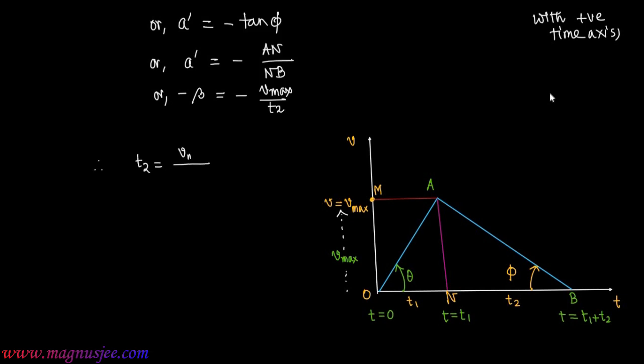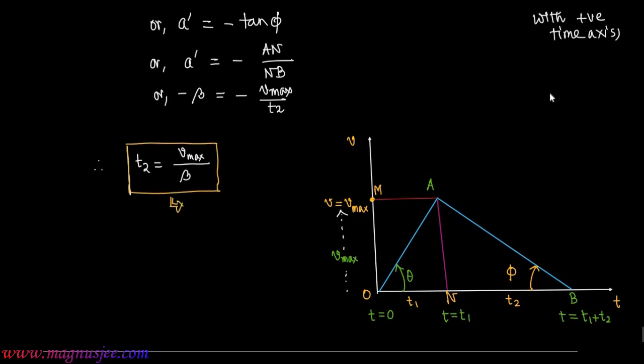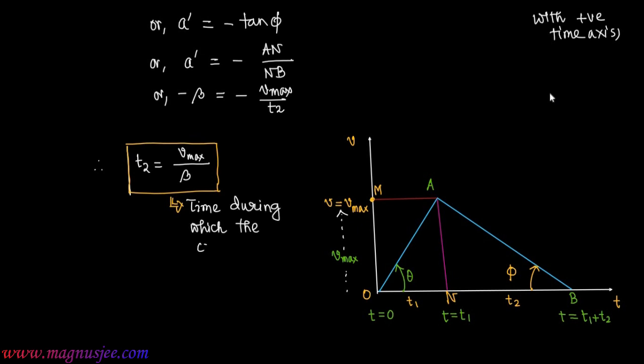Therefore t2, the time interval in which the car travels from A to B with retardation beta, is Vmax by beta. This is the time interval during which the car decelerates and travels from the point A to B. T2 equals Vmax by beta, which is equation 2.